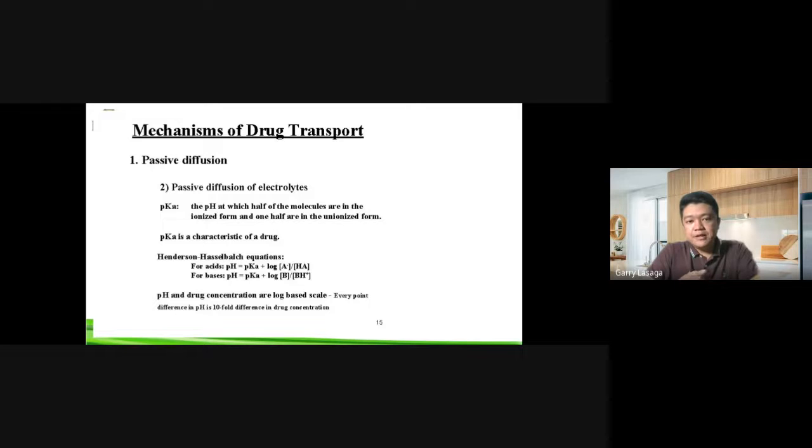So, for example, a one level increase in the pH of an acidic drug, or a 1 degree change to the pH of a particular compartment, would lead also to a tenfold increase in the ionized or the unionized form of a particular drug.